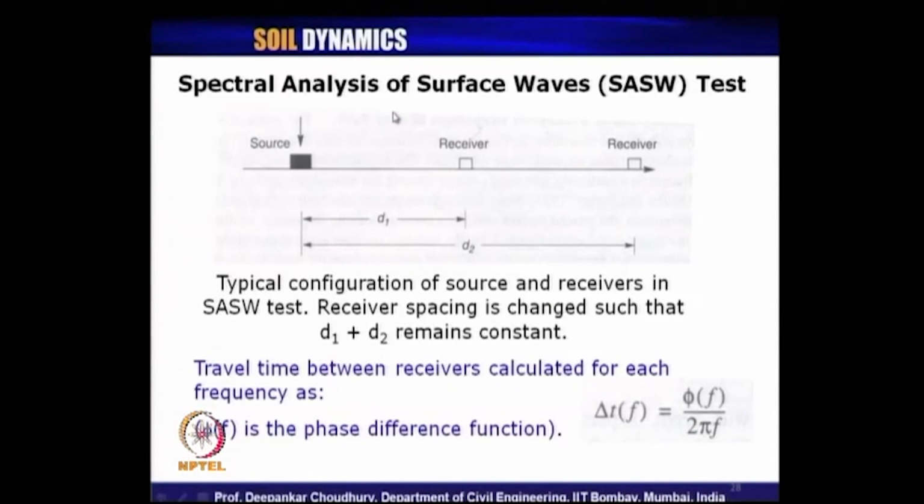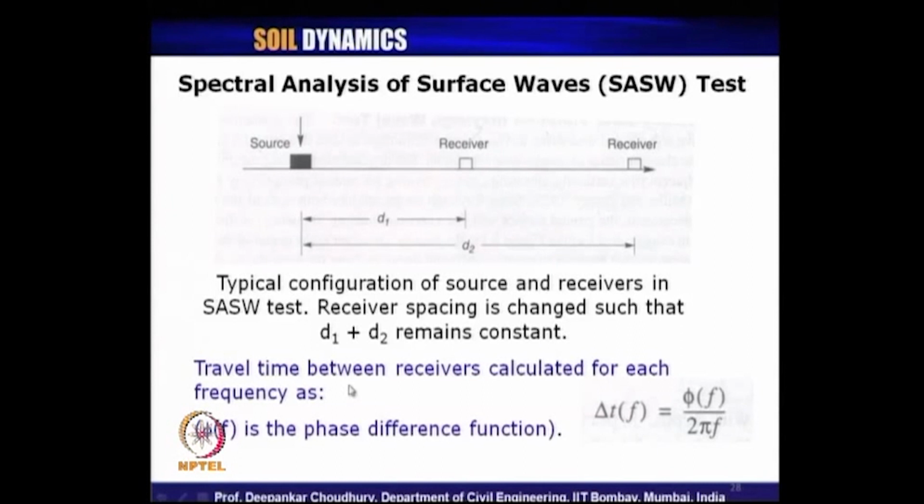Okay. So, this is the pictorial representation or configuration of an SASW test. We have a source and different receivers at different distances. Suppose the distance is D1 for the first receiver and D2 for the second receiver, and the receiver spacing is changed in such a way that the summation of D1 plus D2 remains constant.